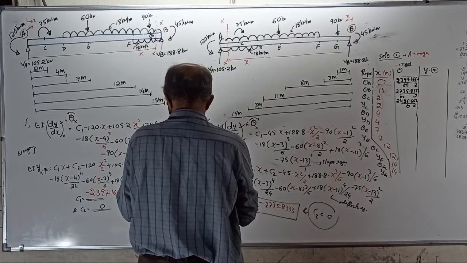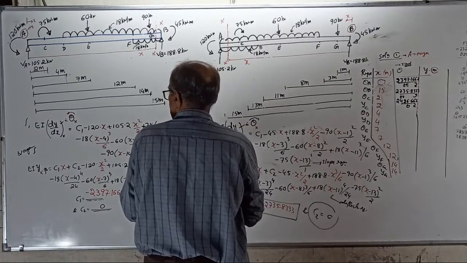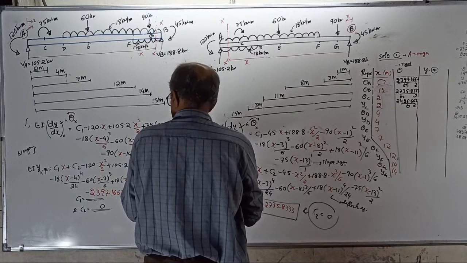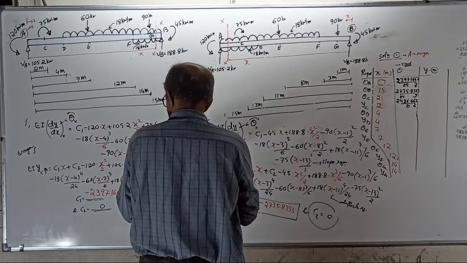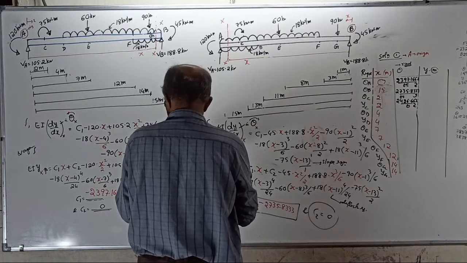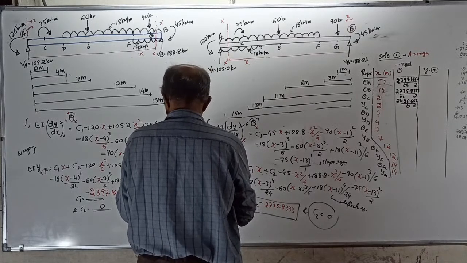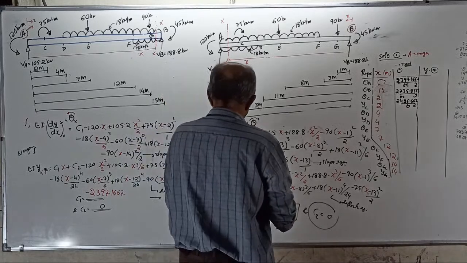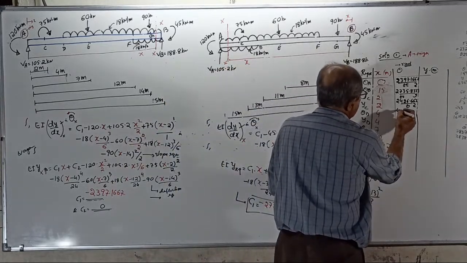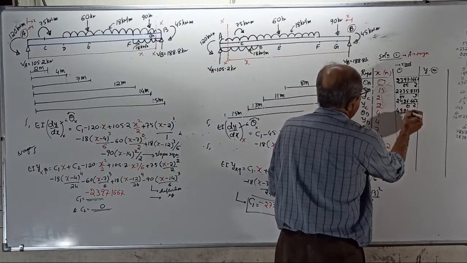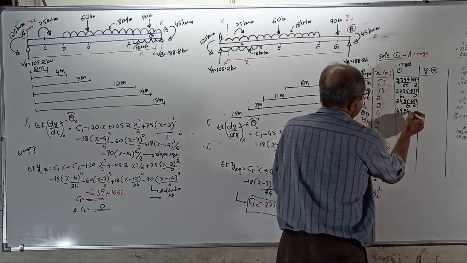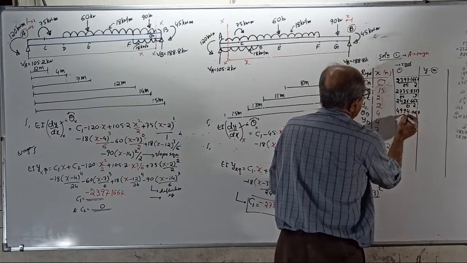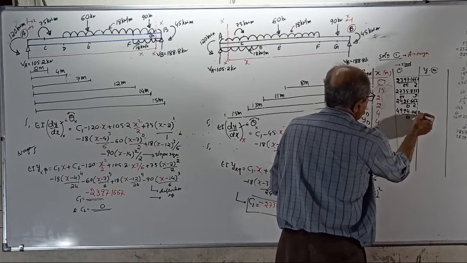Shift store A into 2 minus 120 into 2 square divided by 2 plus 105.2 into 8 divided by 6. 4994.067 by EI meter down.